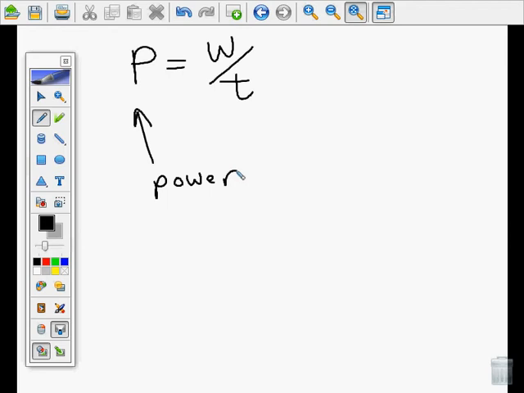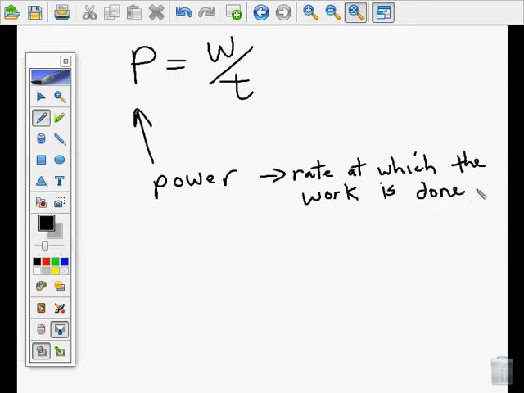Or another way of asking the same exact thing, the question could ask, what is the rate at which the work is done? What we're going to look at now is how to calculate power when dealing with an electric circuit.